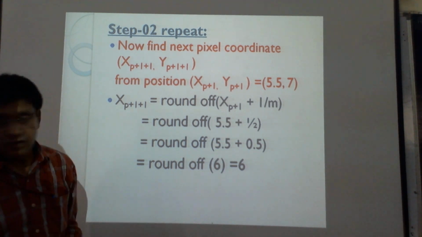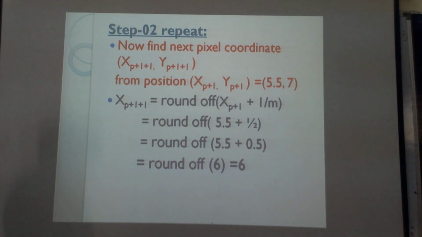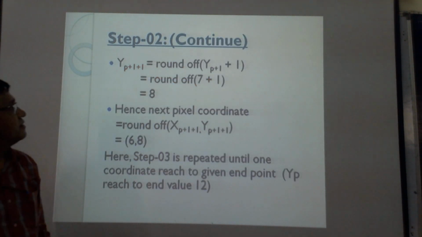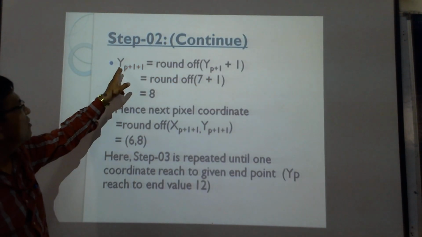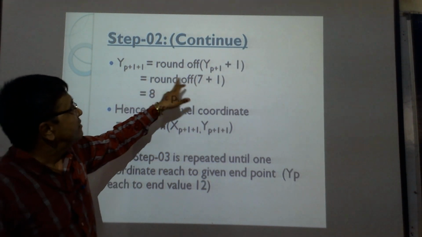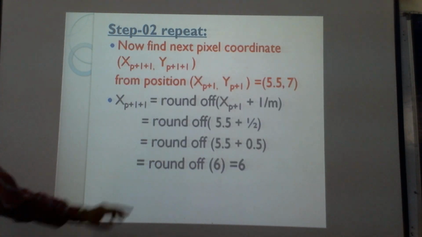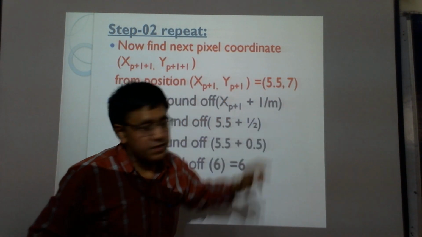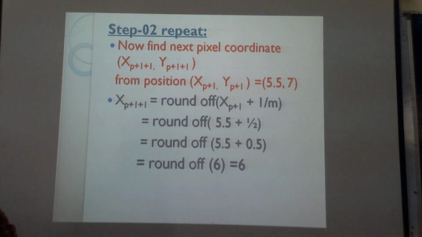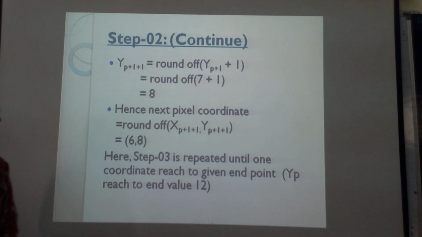This is 5.5 plus 0.5, which is 6. Now the x coordinate of the next pixel position is calculated as 6, and the y coordinate of the next pixel position is calculated by 7 plus 1. This 7 is taken from here, and 7 plus 1 gives 8.